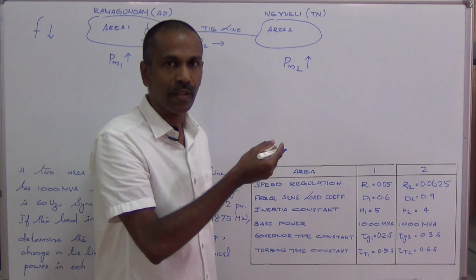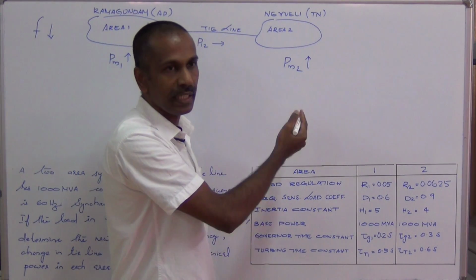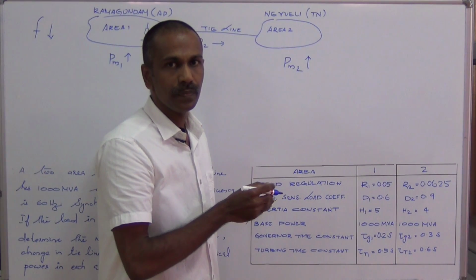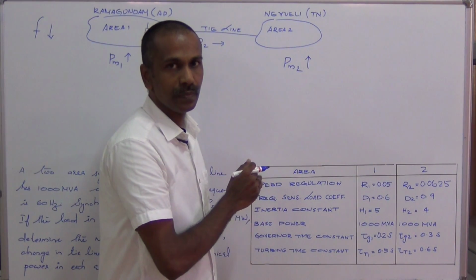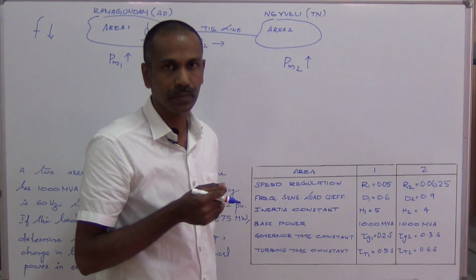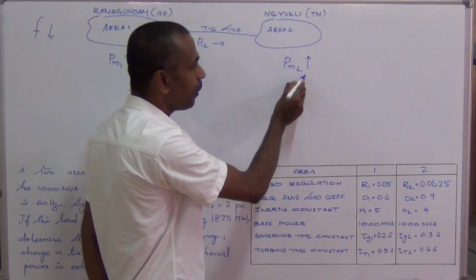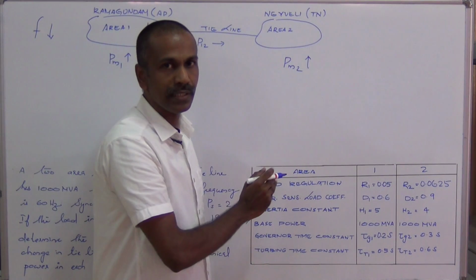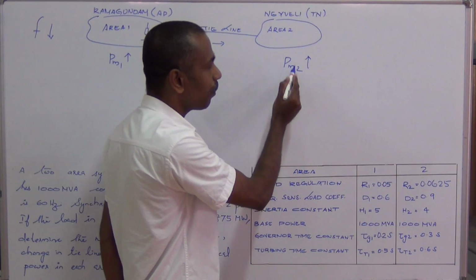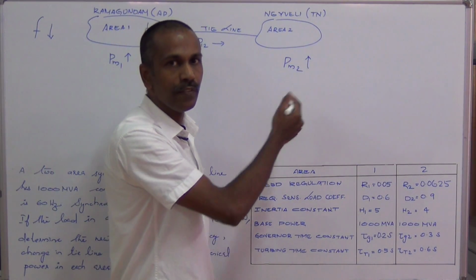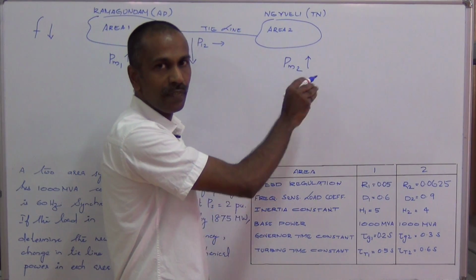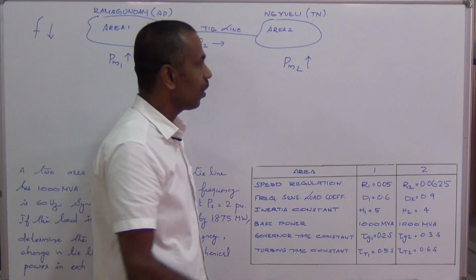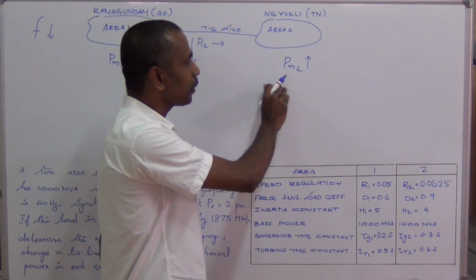Earlier we were being supplied from the first area. Now the first area has stopped supplying power to the second area, as their demand is increased. Now the possibility to meet the load demand in the second area is by increasing the power generation here. How can we increase the power generation? By increasing the mechanical power given to the turbines, or by giving more steam input to the turbine.